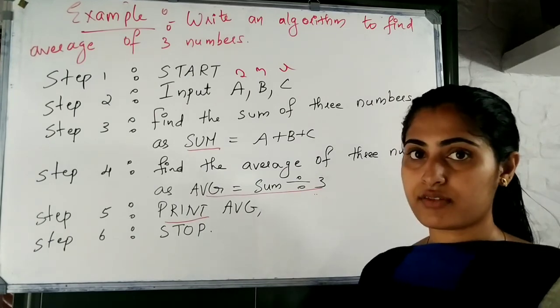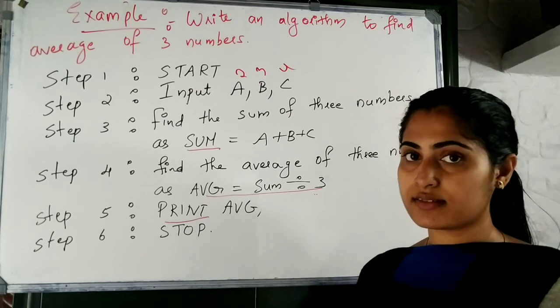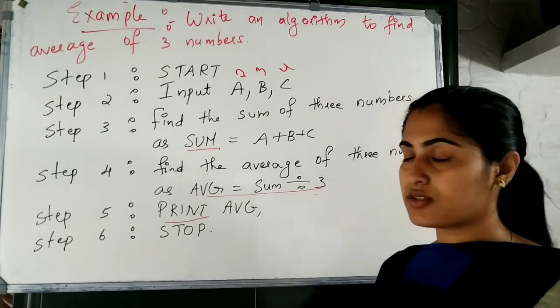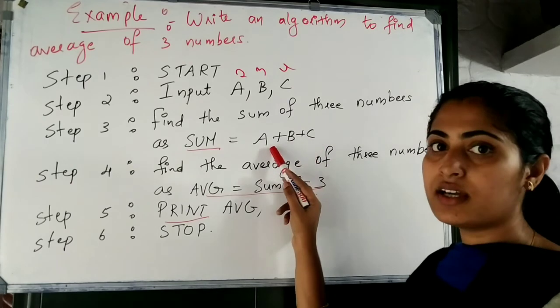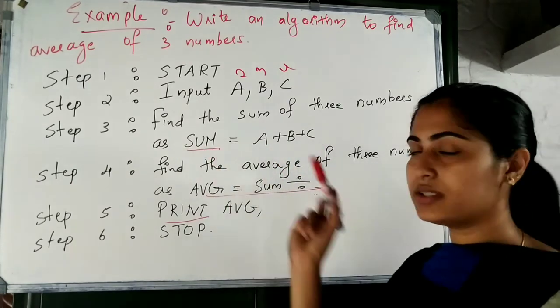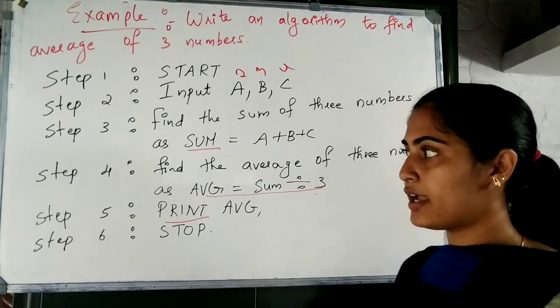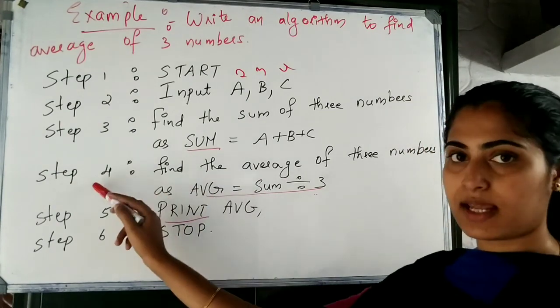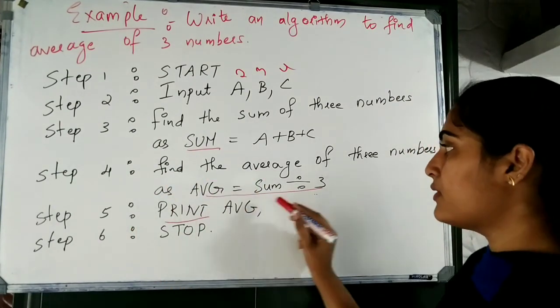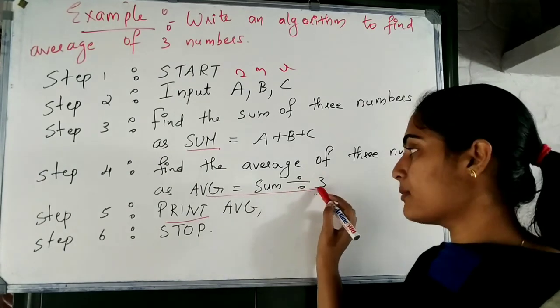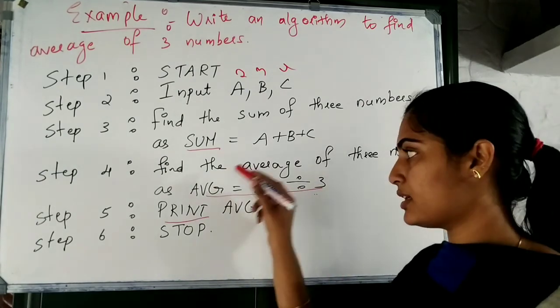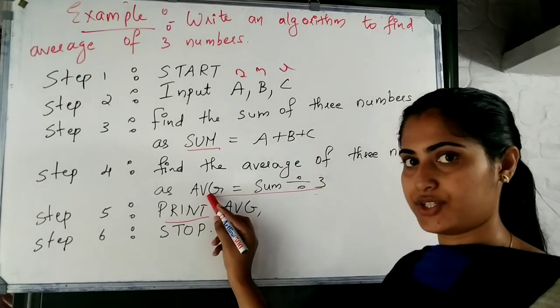For finding the average of 3 numbers, we should first find the sum. So the first processing is A plus B plus C, and that result is assigned to the variable sum. The second processing is in step number 4, where we find the average, which is sum divided by 3, and the result is assigned to the variable average.